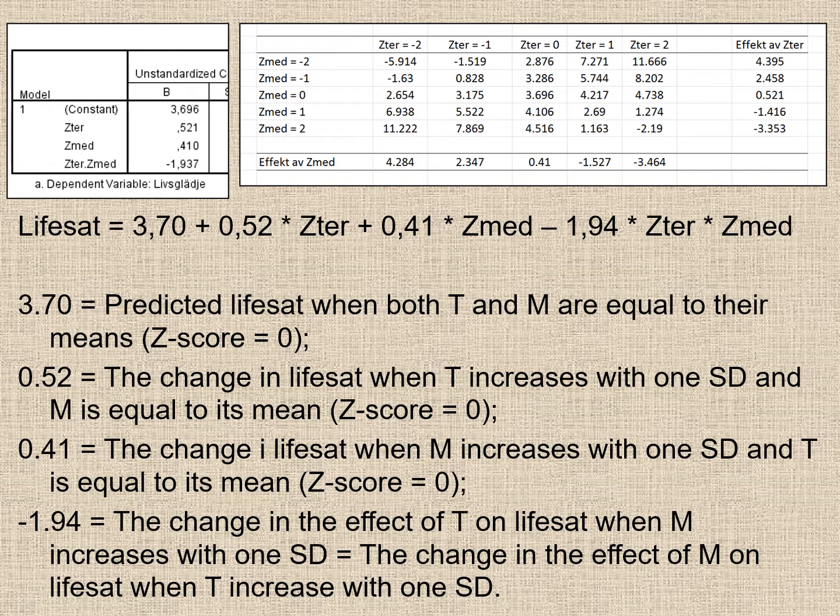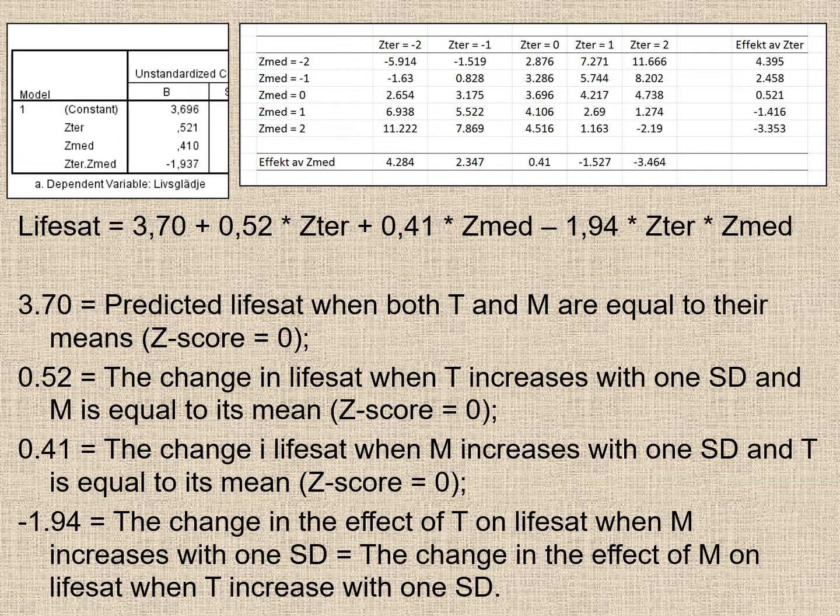So what does this coefficient stand for? The coefficient for zeta therapy, 0.521. What does it stand for? It stands for the effect of that predictor, zeta therapy, on life satisfaction if zeta medication is 0.